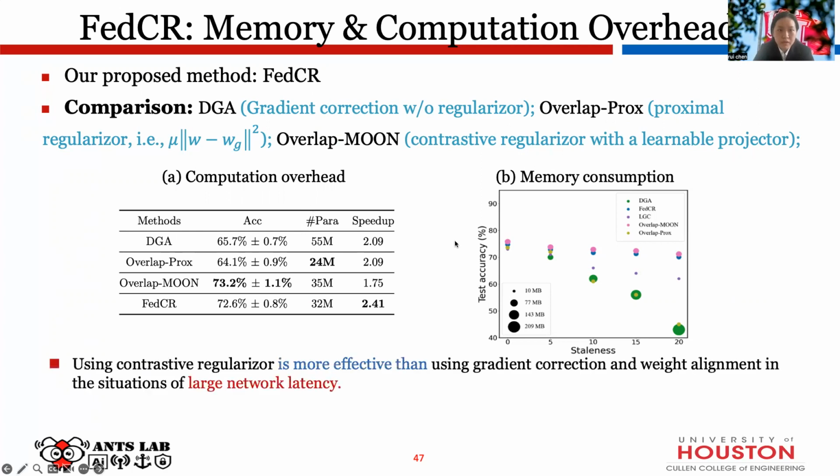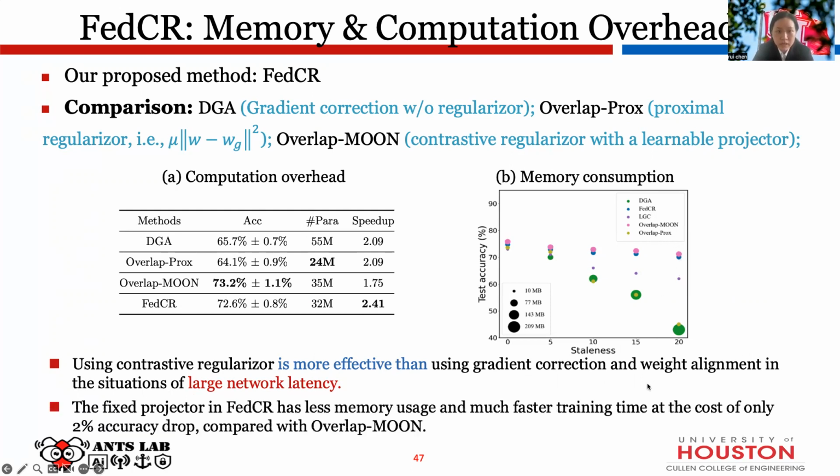Here we can see that using the contrastive regularization, we have better performance than the schemes using gradient correction or weight alignments, especially in high network latencies. And compared with the overlap moon, our proposed scheme using the fixed projection head has less memory usage and faster training time at the cost of a very small accuracy drop.